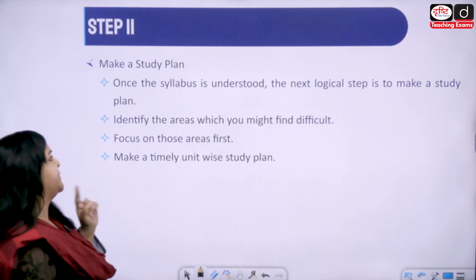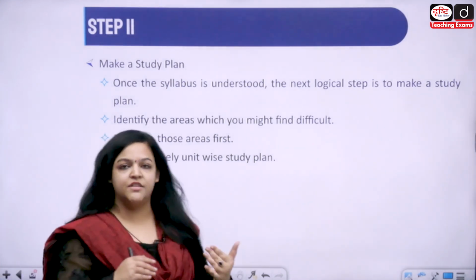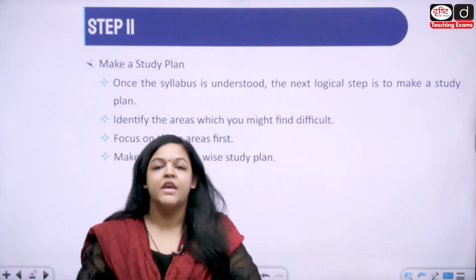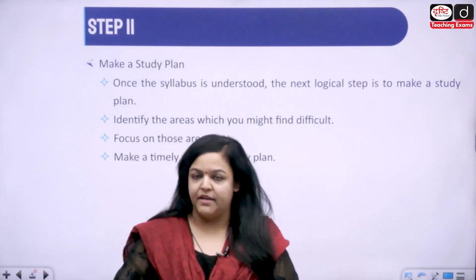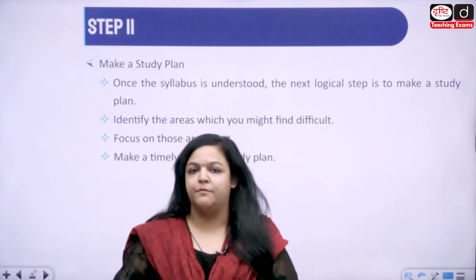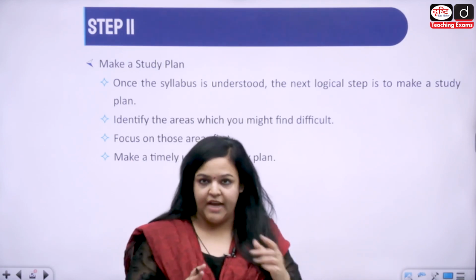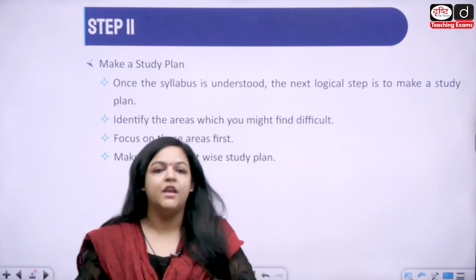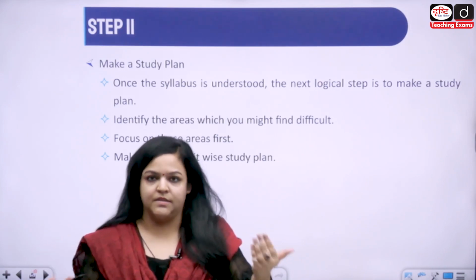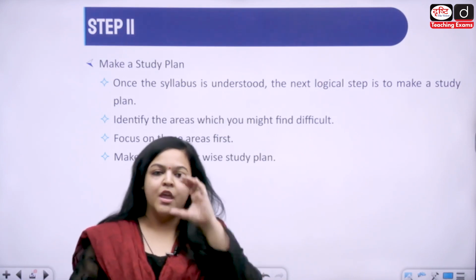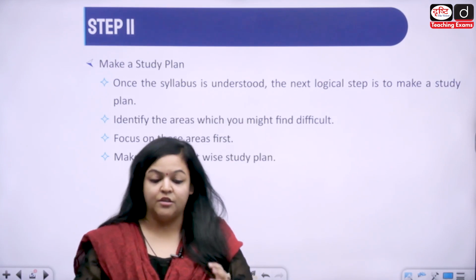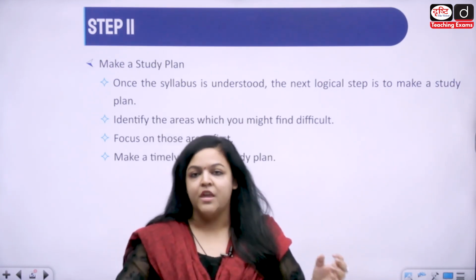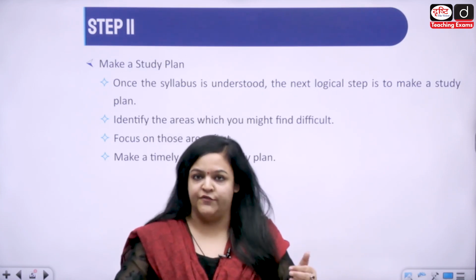Make a study plan. Now, once you have understood the syllabus, the logical step that you have to do is make a study plan. Once you have seen the syllabus, you will have to identify those areas which you find difficult, right? Like, for example, when I was appearing for my NET exams, when I identified the syllabus, I thought that ancient India or unit 1, 2 and 3 was actually a bit difficult for me, right?